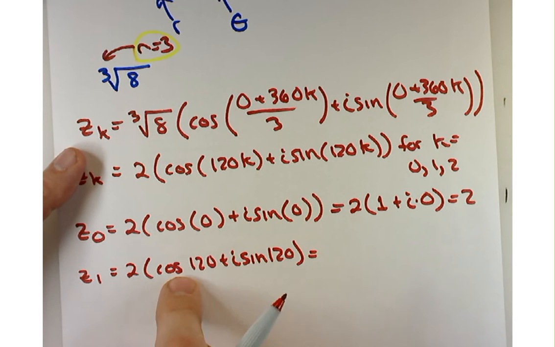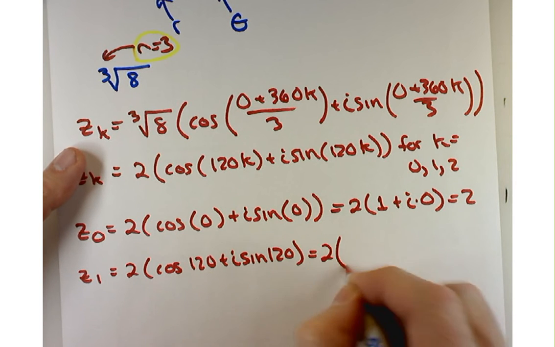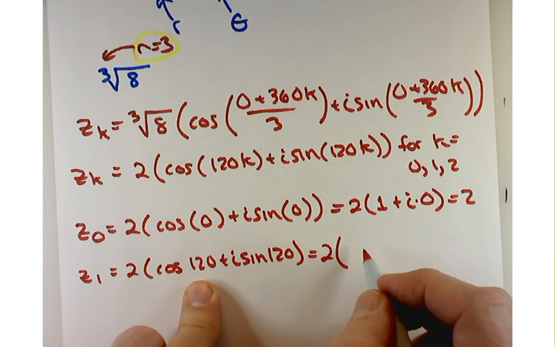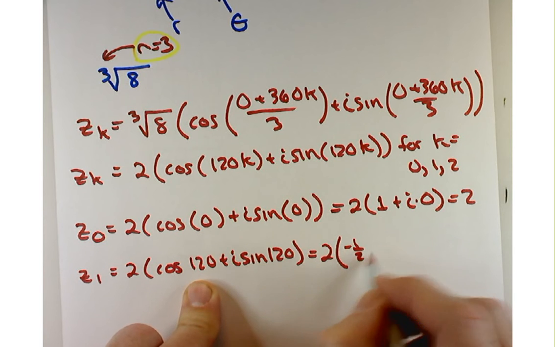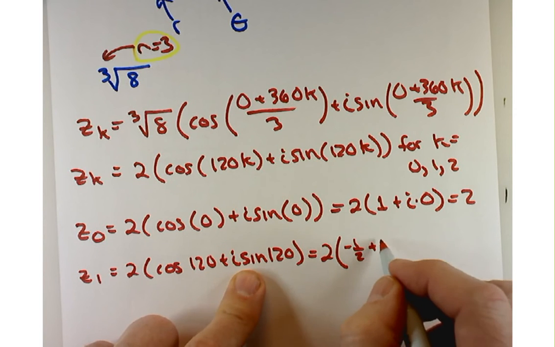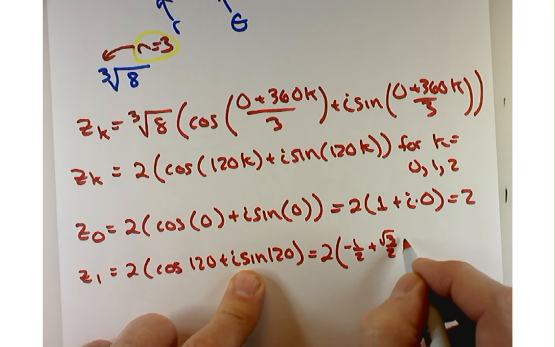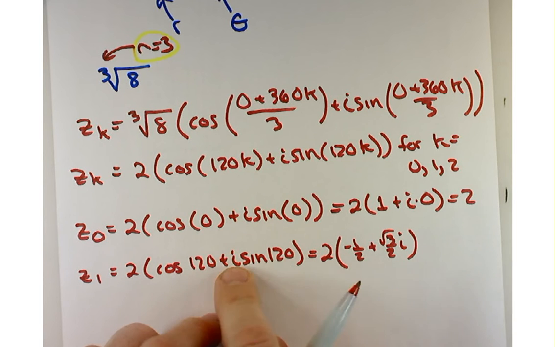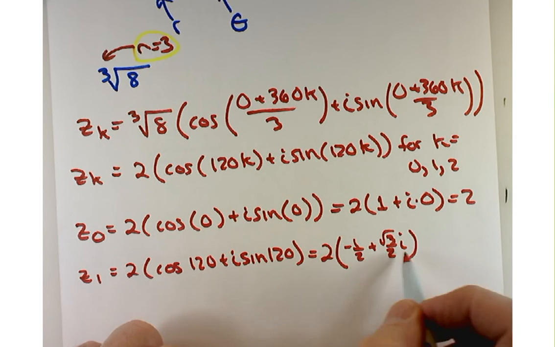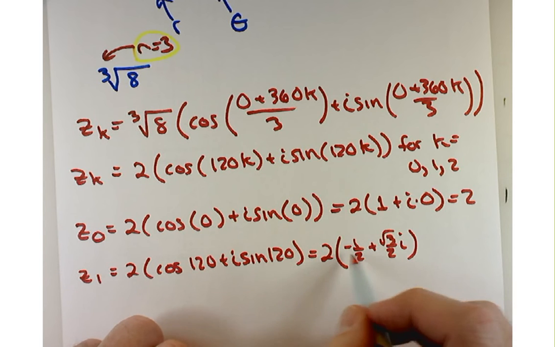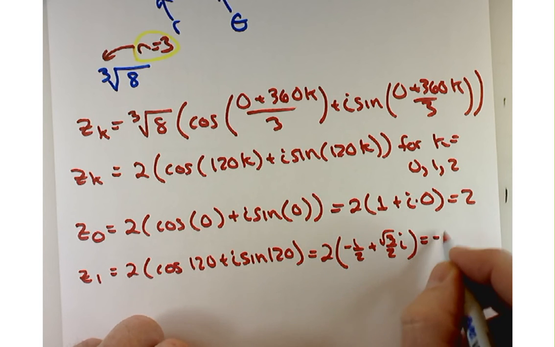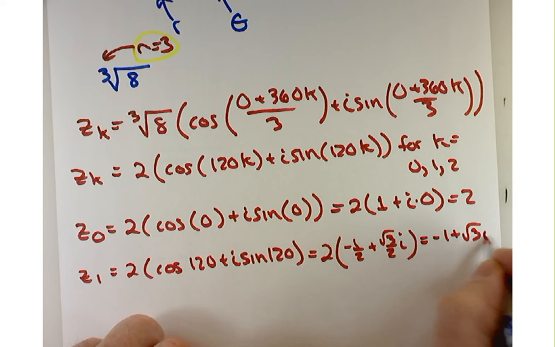And these are numbers you can get off your unit circle. Cosine of 120 is negative 1/2, plus i times the sine of 120, which is square root of 3 over 2 times i. And when I distribute the 2, those denominators disappear. I get negative 1 plus the square root of 3 i.